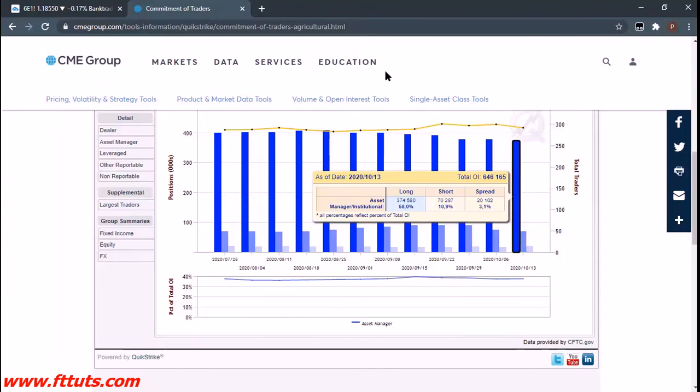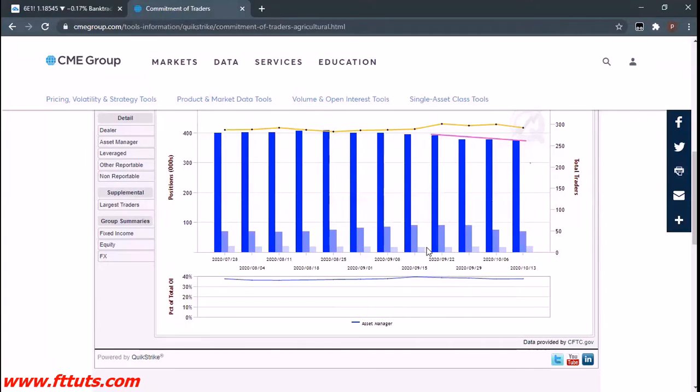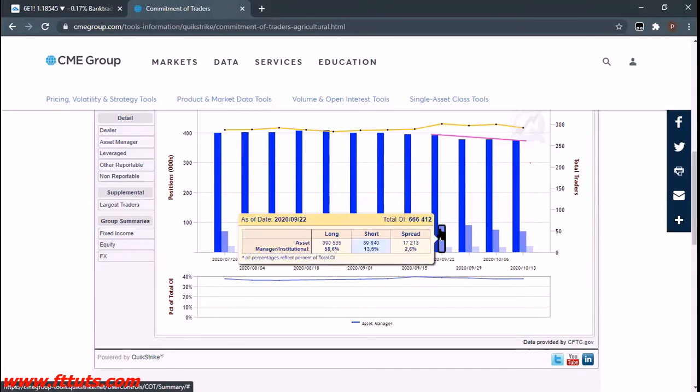So we can conclude that the euro is closing in their long position, right? So let's look at what has been happening on the short side. On the short side, we were at 89.8.